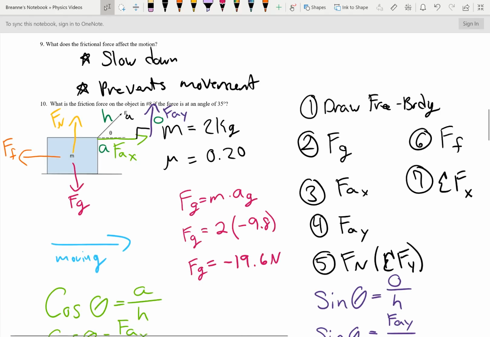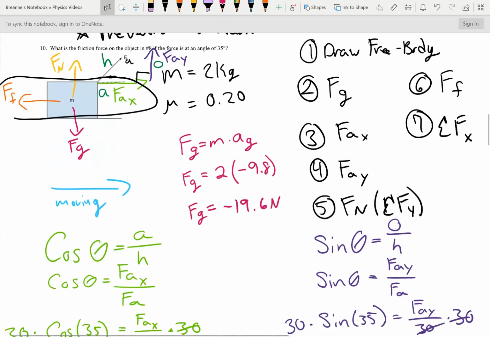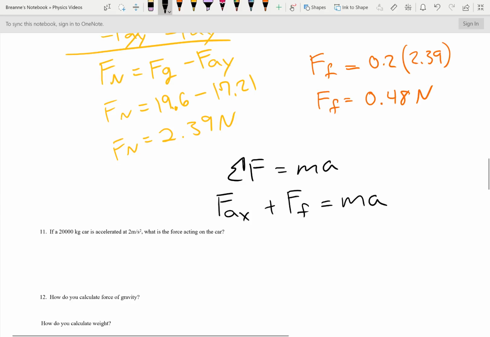So what forces are moving in the x direction? Yep, force of friction and force applied in the x. They're going in opposite directions, right? So our force of friction has to be negative because it's moving in the negative direction.